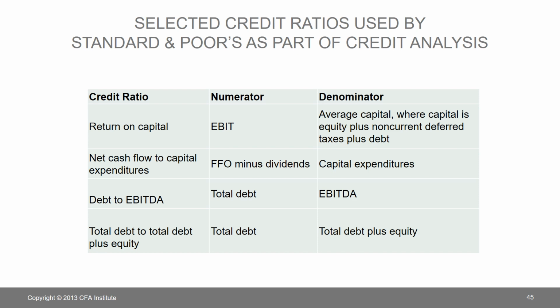We have debt to EBITDA, which is the total debt divided by EBITDA. And then finally, we have total debt to total debt plus equity, which is obviously the total debt divided by total debt plus equity. Notice that FFO is funds from operations, as we mentioned previously, so defined as net income adjusted for non-cash items, and the CFO is cash flow from operations.